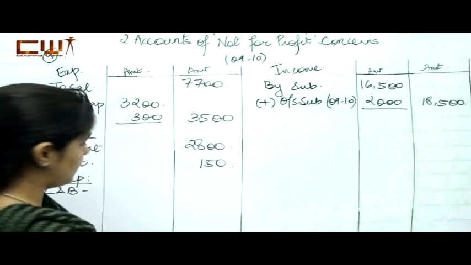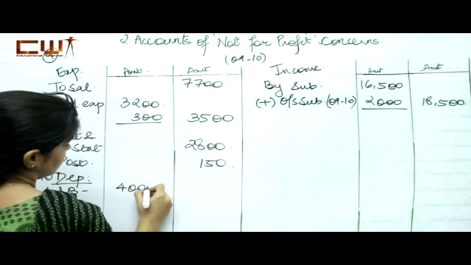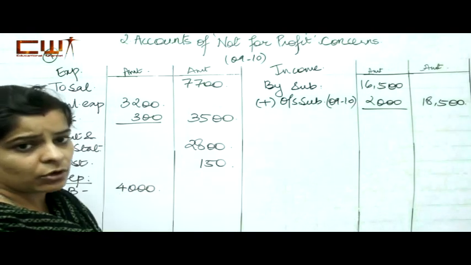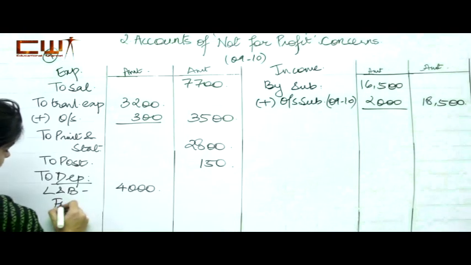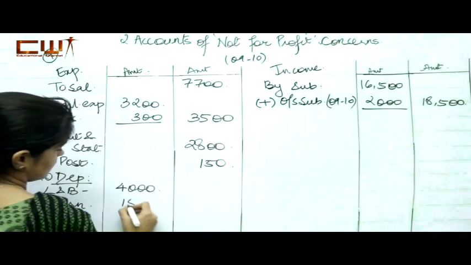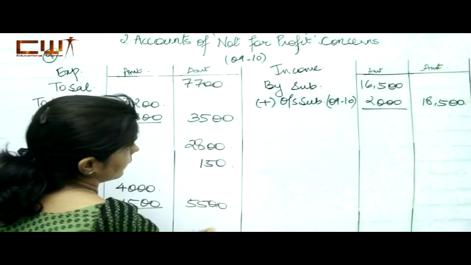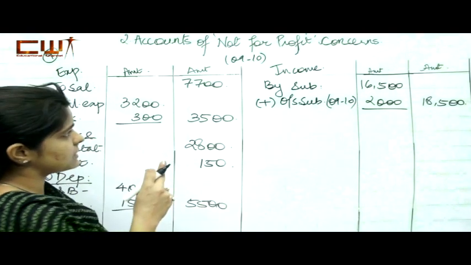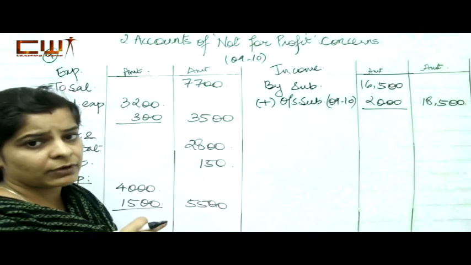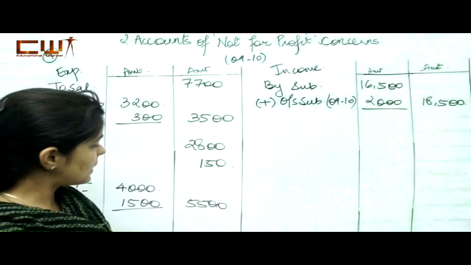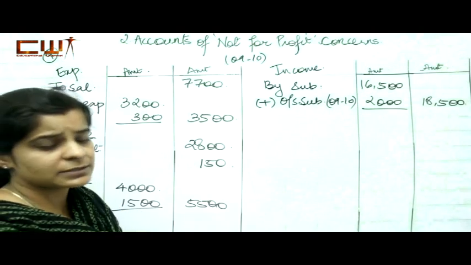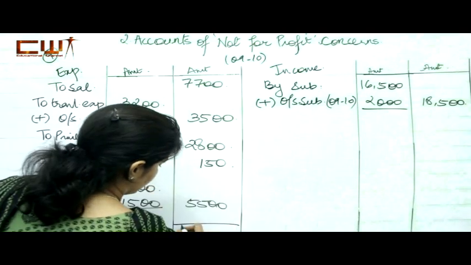How much is on land and building? 4,000, right? Then depreciation on furniture 1,500. So the total is 5,500. So this is 7,700 plus 3,500 plus 2,800 plus 150 plus 5,500. This will give you 19,650.